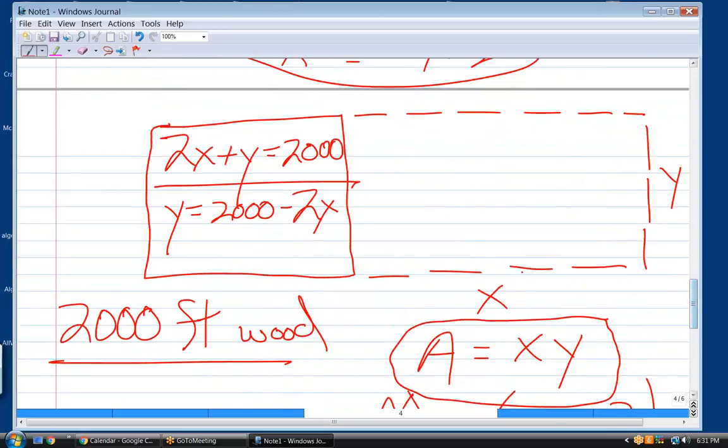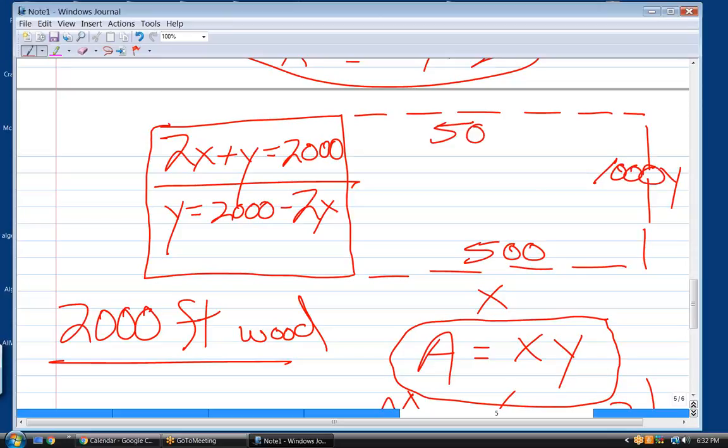So my best dimensions are, hold on a minute. X is 500. And y is 2,000 minus 2x, so y is 1,000, and this is 500.